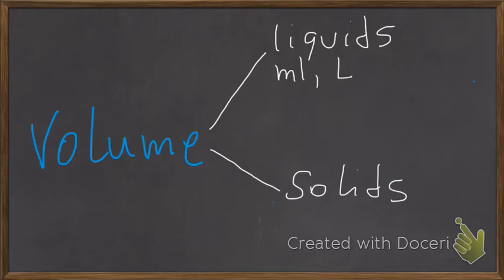When we measure the volume in solids, we have centimeters cubed, or meters cubed, depending on the unit given in the measurement. If it's volume, it also has to be cubed. Okay, cubed.